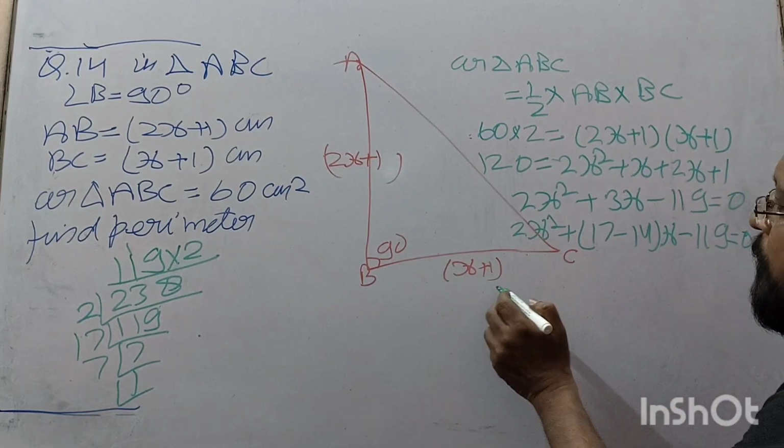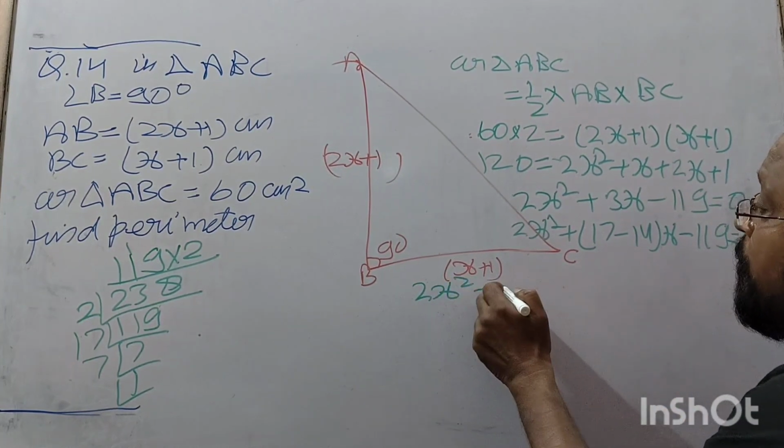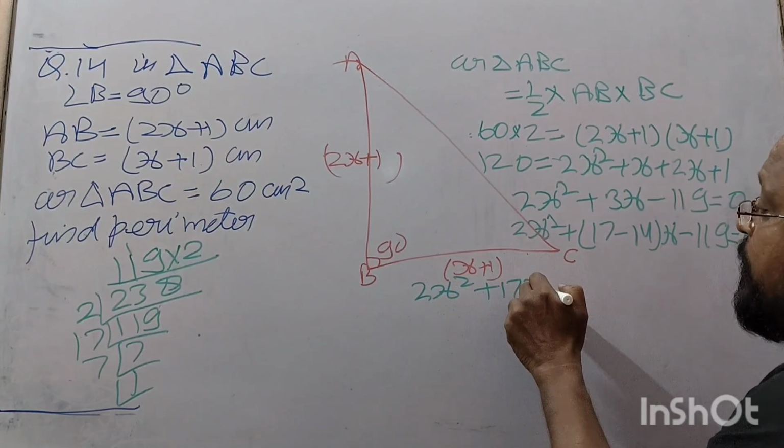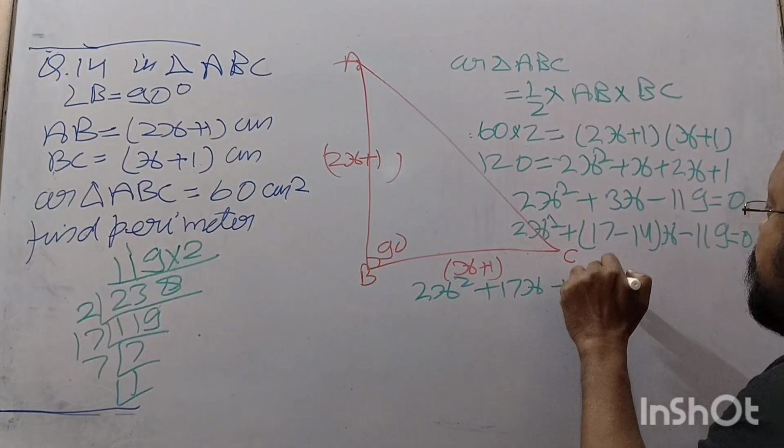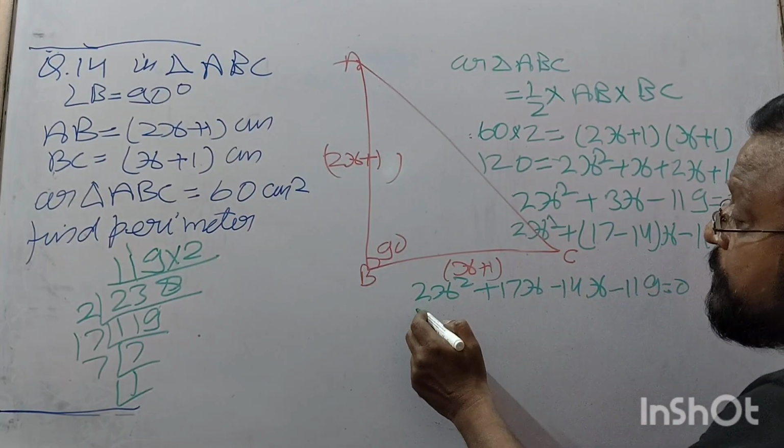So now we get 2x square plus 17x minus 14x minus 119 is equal to 0.